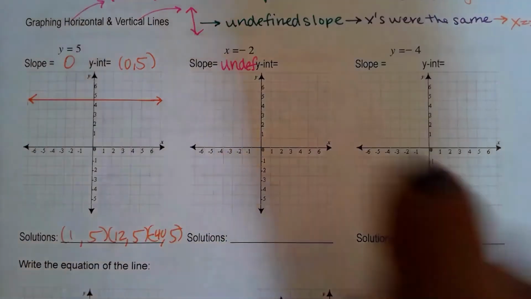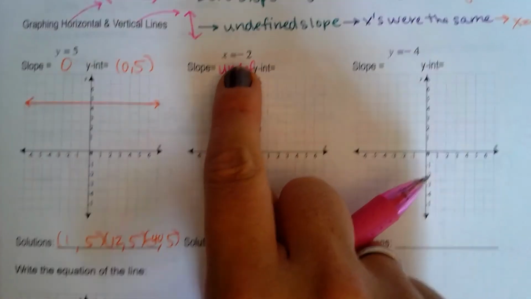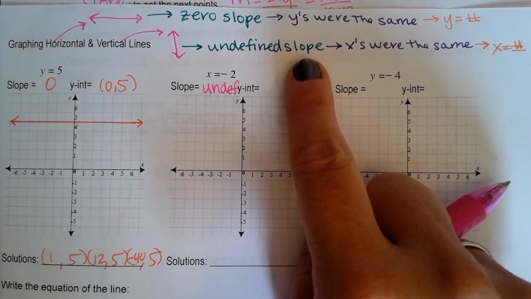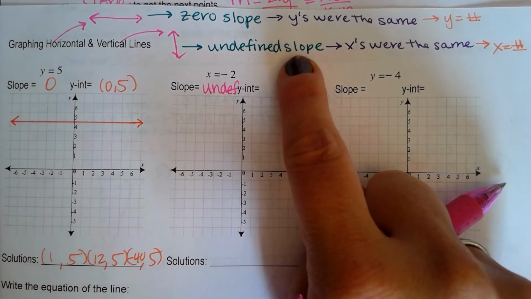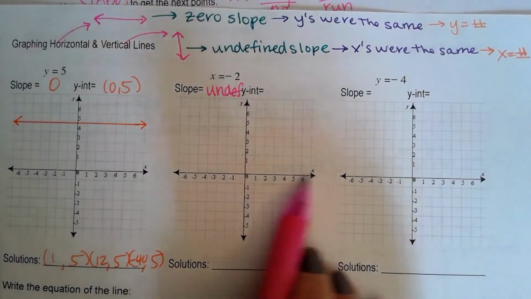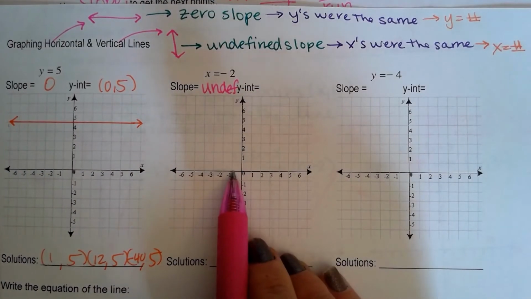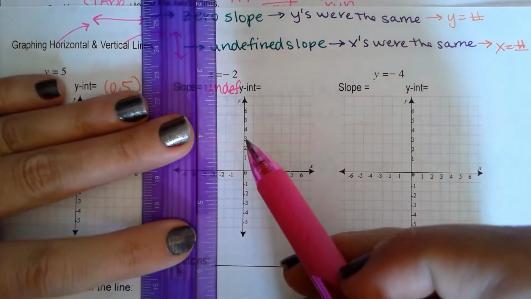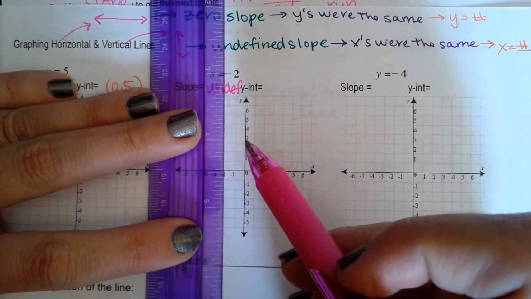Okay, so sorry. Going back to this one, anytime it's x equals, it's an undefined slope. This is where little man falls off and he dies. Okay. Then I go to x equals negative 2. So here's the x-axis. I go to negative 2, and this is a vertical line. So I draw a vertical line.